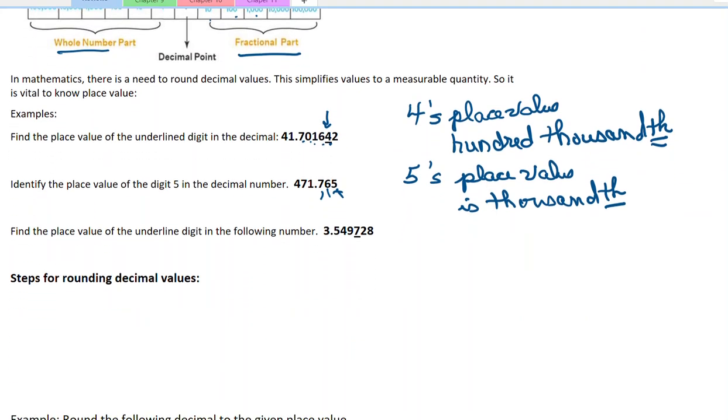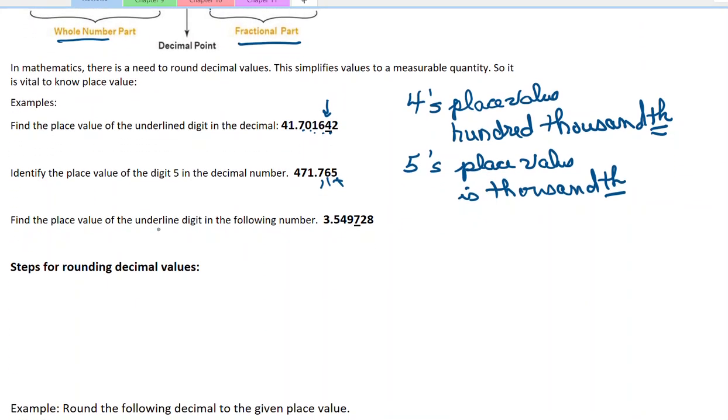All right, we've got one more. Find the value of the underlined digit. That's that 7 right there. This is tenths, hundredths, thousandths, ten thousandths. The 7's place value is 10,000ths.